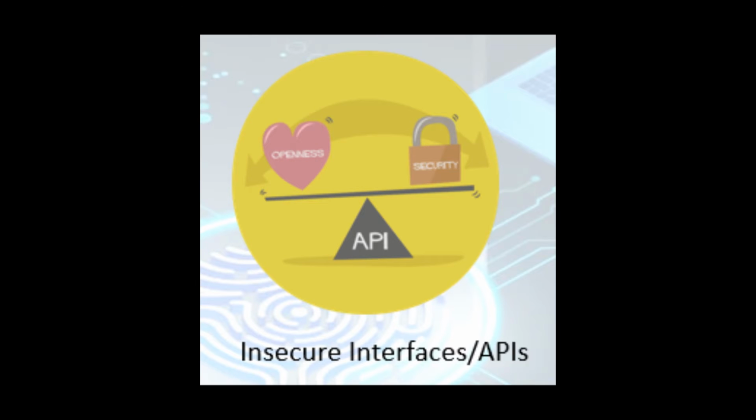Another issue is insecure interfaces or APIs. Usually, cloud service providers provide their clients with a range of APIs and interfaces. These interfaces are usually well documented in order to make them readily accessible for the client.